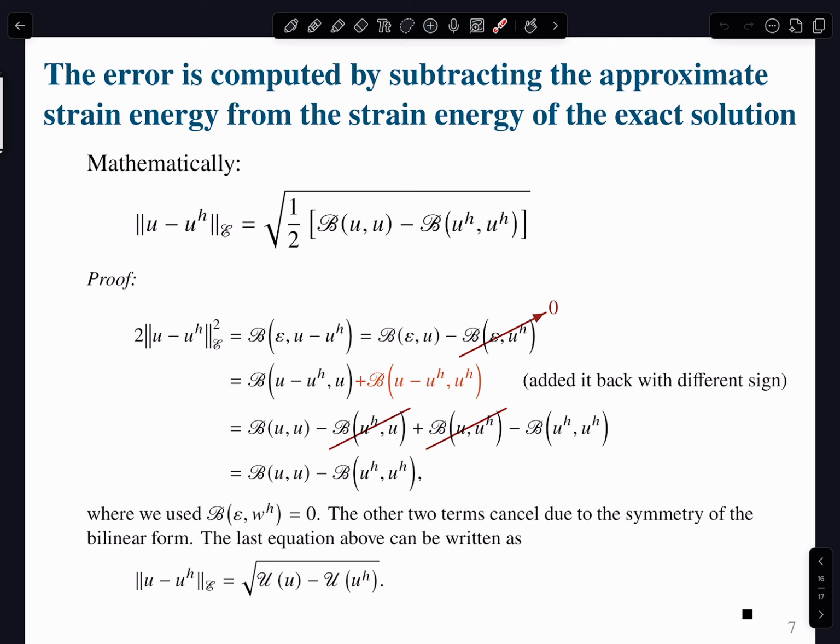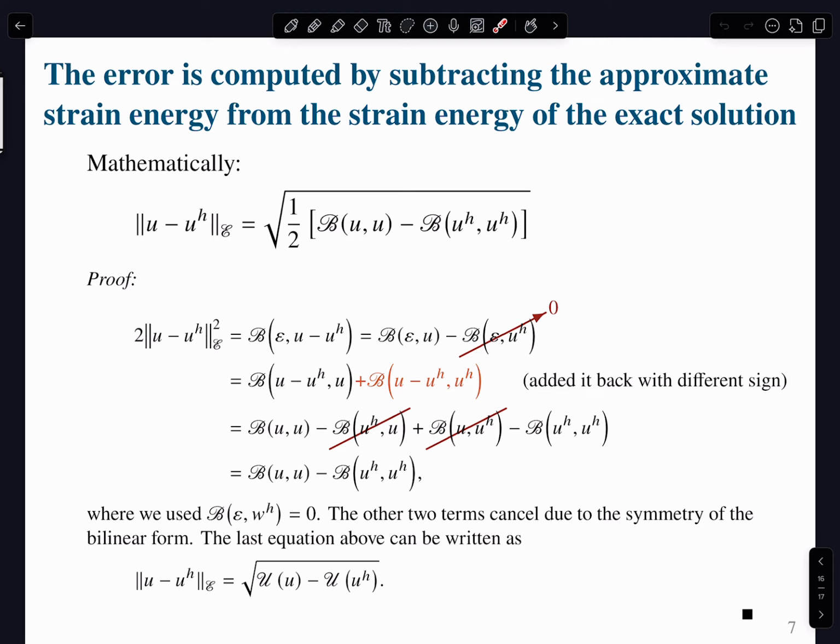How do we calculate the error if we don't know the exact solution? Yeah, we talked briefly about it. That's what we do in this class. As we said, there is a way to approximate the exact strain energy. When we look at convergence of these methods, we get into something called a priori error estimates.